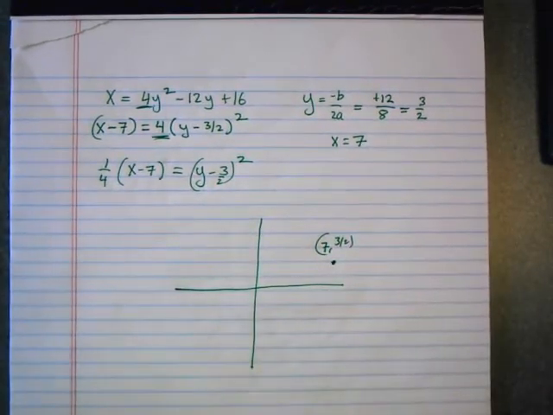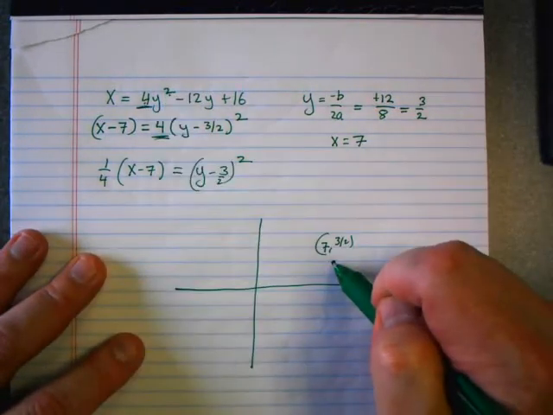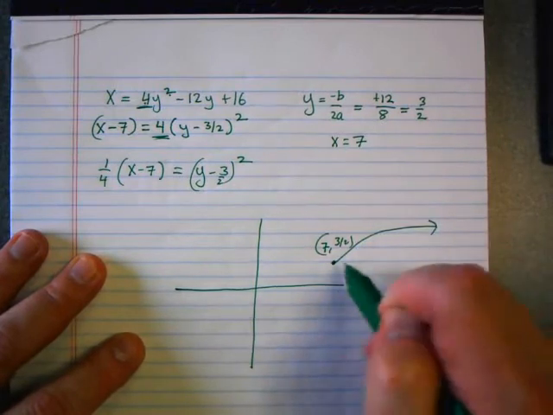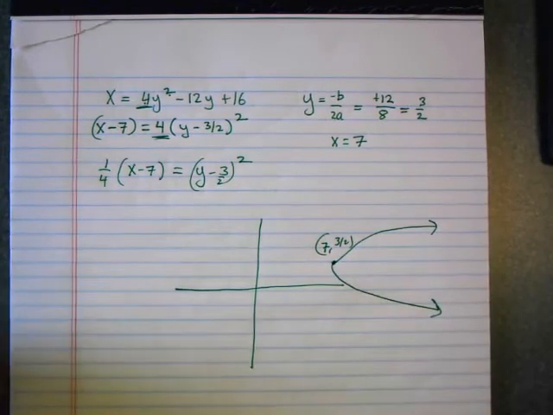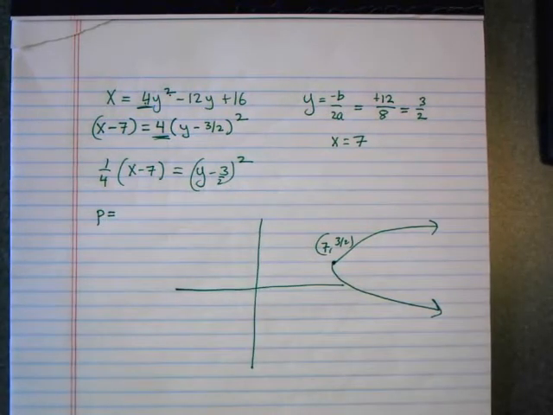Left, right, up, or down? Right, because it's y squared and that's a positive, so it goes this way. What's the p number? Not 4.